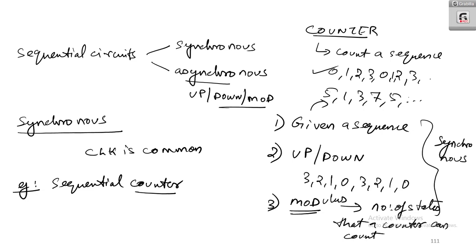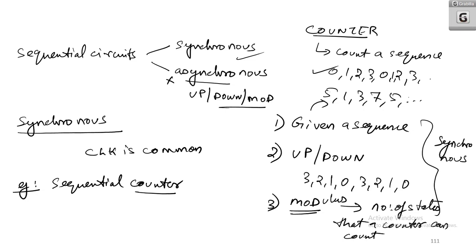It can be either up or down. If a sequence is given in a random order, that random order cannot be realized using asynchronous sequential circuits, whereas it can be realized using synchronous sequential circuits. So that is an introduction to counters.